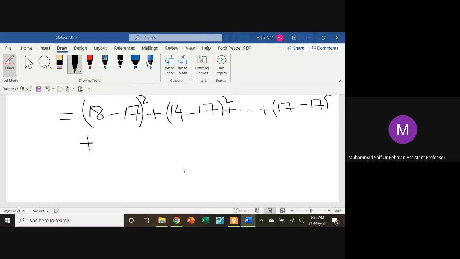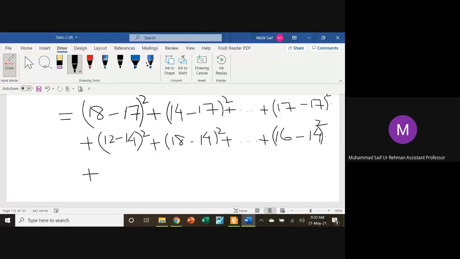So the first value in this column is 12. So 12 minus 14 square plus second value 18 minus 14 square plus third value, and so on, plus the final value 16 minus 14 whole square.